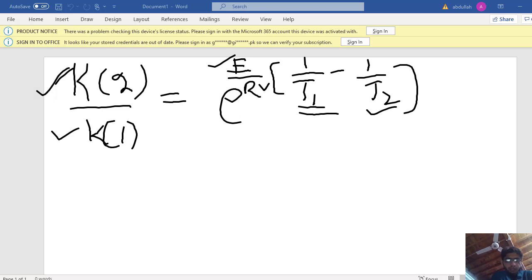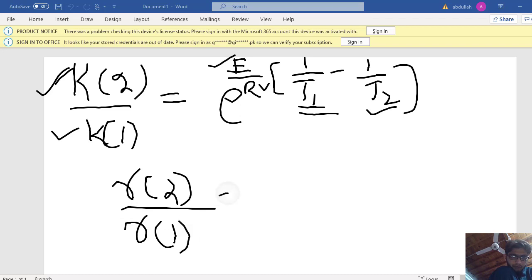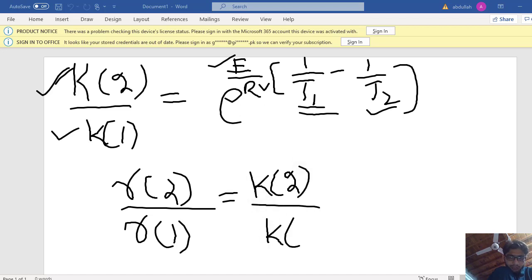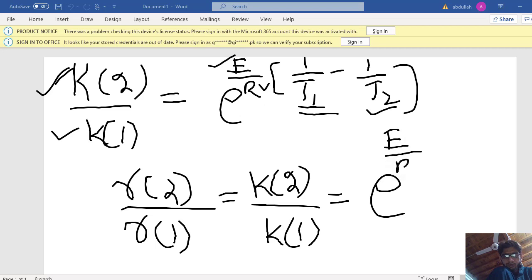Similarly, we can also write this relation in terms of rate. The rate at temperature T2 relates to the rate at temperature T1 through the same exponential factor, e to the power E divided by R times 1 over T1 minus 1 over T2.